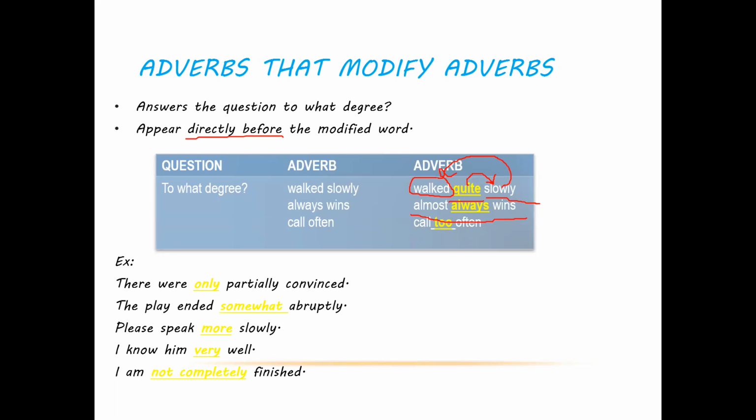Joke lang. Okay, so, gets naman yung ibig sabihin ng second example, right? Hindi siya laging nananalo, lagi lang siyang muntikan. Okay, so next. Call too often. The verb is call. Gaano siya kadalas tumawag?